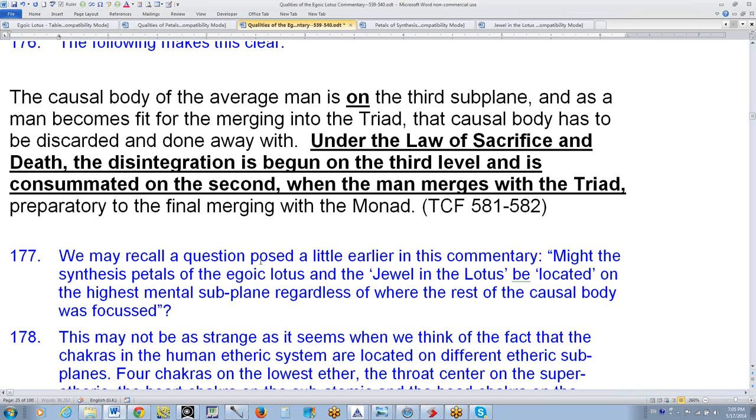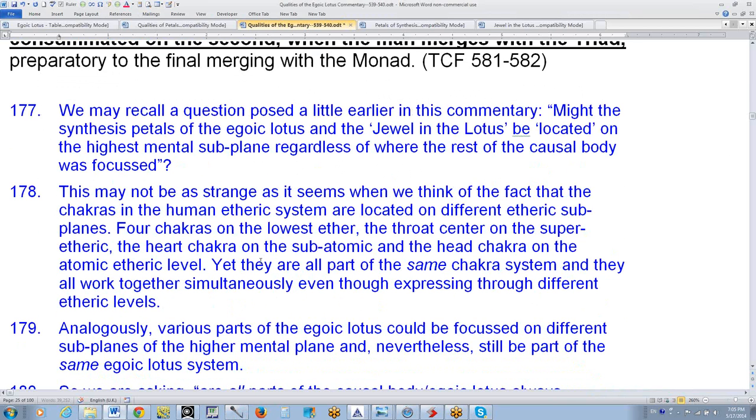So we may recall a question posed a little earlier in the commentary: might the synthesis petals of the Egoic Lotus and the jewel in the lotus be, quote, located on the highest mental subplane, regardless of where the rest of the causal body was focused? Well, maybe. This may not seem as strange as it seems when we think of the fact that the chakras in the human etheric system are located on different etheric subplanes.